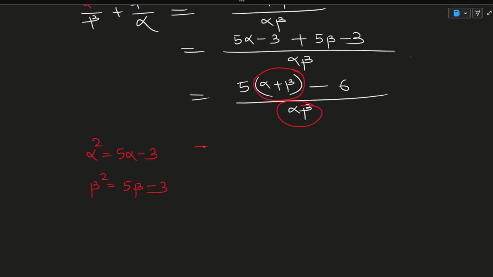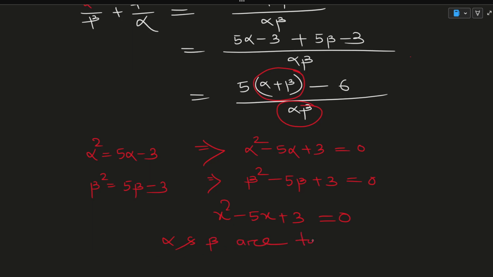From here you can write alpha square minus 5 alpha plus 3 equal to 0 and beta square minus 5 beta plus 3 equal to 0. So clearly we can see that x square minus 5x plus 3 is a quadratic equation whose two roots are alpha and beta.